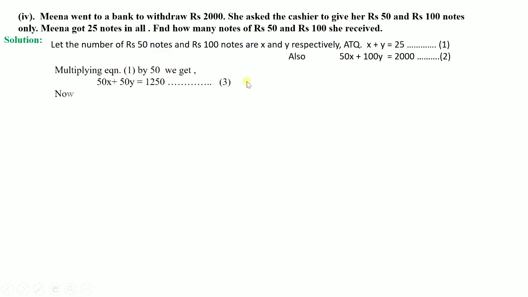Now be careful that equation 1 has now become 3, so we will be targeting 2 and 3, as the coefficients are equal. As I told you, in equation number 2 and equation number 3, the coefficients of x are numerically equal.